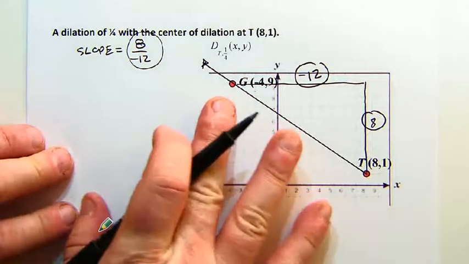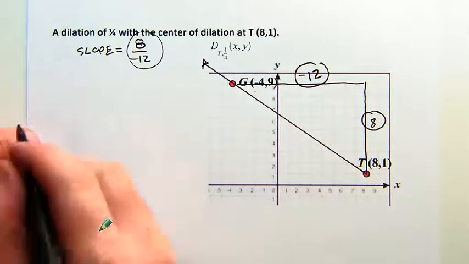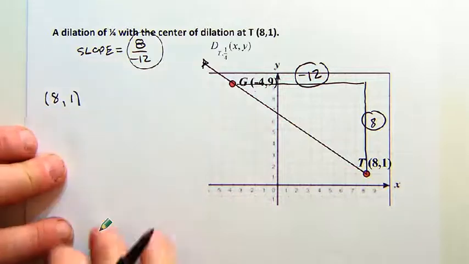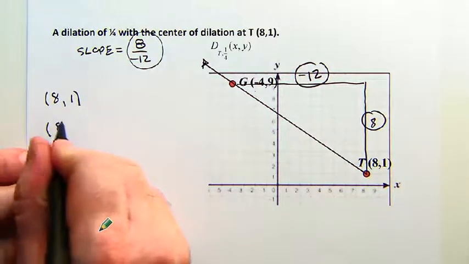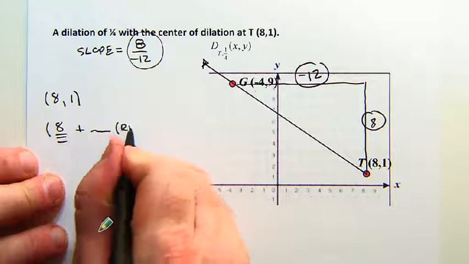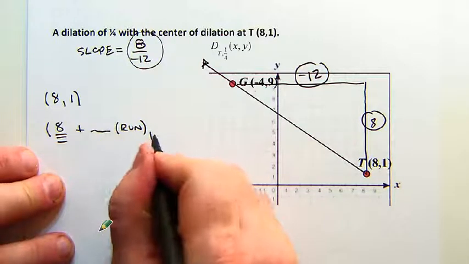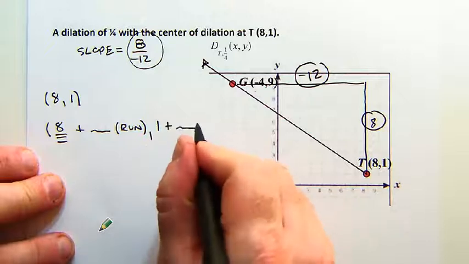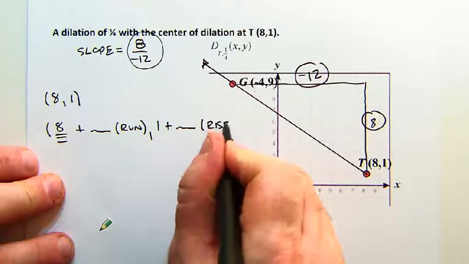So if we want to go 1/4 of that, let me show you how we do it. Here's my starting position at 8 and 1. So again, I'm going to start at 8, and then I have a scale factor, and I'm going to put my run in there. I'm going to start at 1, and I'm going to put my scale factor in there with my rise.